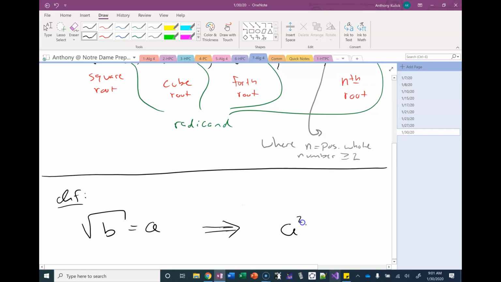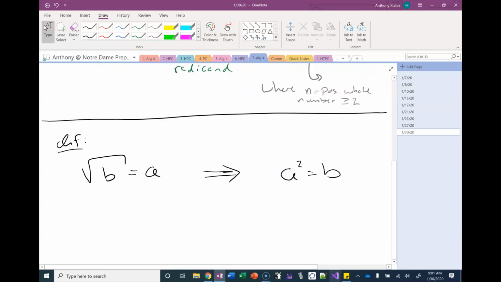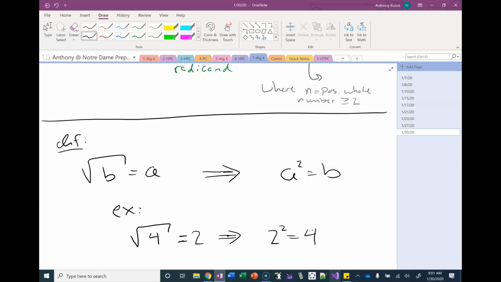Well, it says then that a squared would give me b. Let's see what I mean by that. We all know the square root of 4 is 2 because 2 squared gives us 4. Everybody see that?